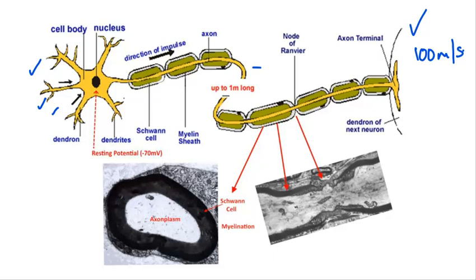Invertebrates tend not to have this myelination, and their speed of conduction is restricted to a maximum of around 10 meters per second, and maximum speeds of conduction are achieved through increasing the diameter of the axon.